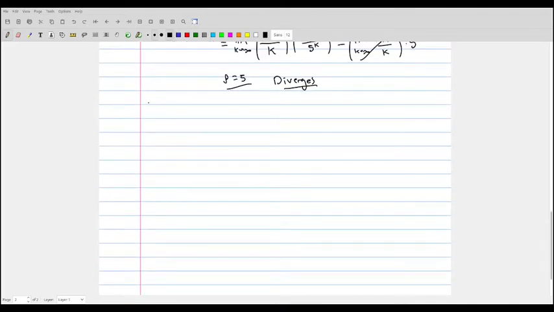We'll do one more example. We'll say the sum from k equals 1 to infinity of the series k squared over 5 to the k.